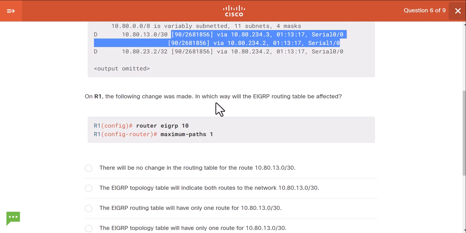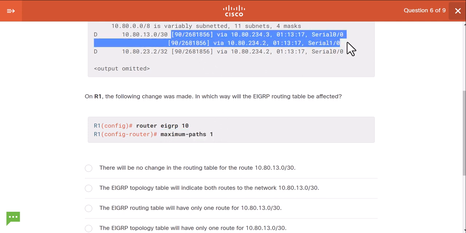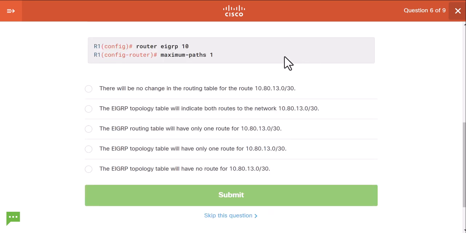I think it's pretty straightforward and simple. If we issue this command, this will limit the amount of routes which can be established in the routing table per destination. And the result of this will be only one route remaining in the table. I think that's what will happen.